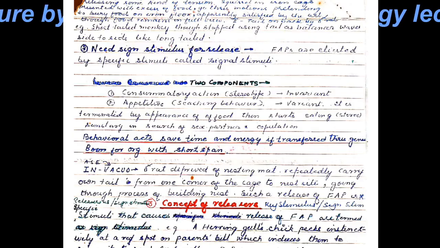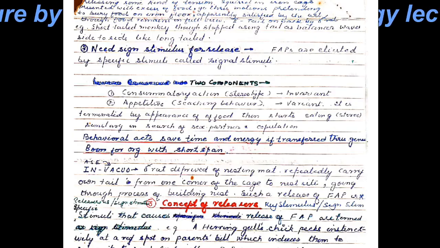Now what is this code breaking? Some species have evolved mechanisms to exploit the FAP of other species by mimicking their sign stimulus. Again, let me repeat: some species have evolved mechanisms to exploit the fixed action pattern performed by altogether different species by mimicking their sign stimulus.